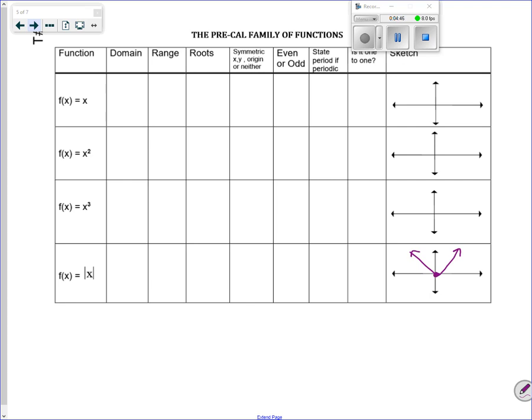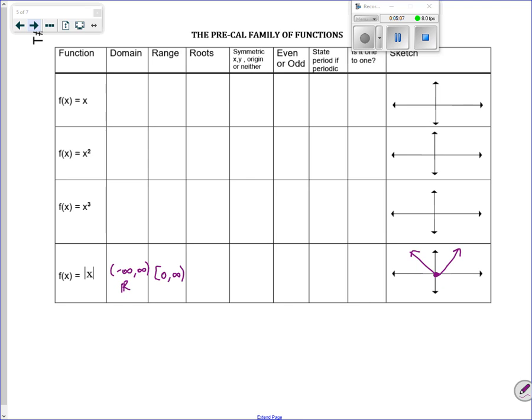So the domain, you can either put all reals or you can put negative infinity to infinity. Both of those things mean the same thing. So either one of those I would accept. For the range, that's going to be 0 to infinity. I do like interval notation, so kind of do it there. What are roots?